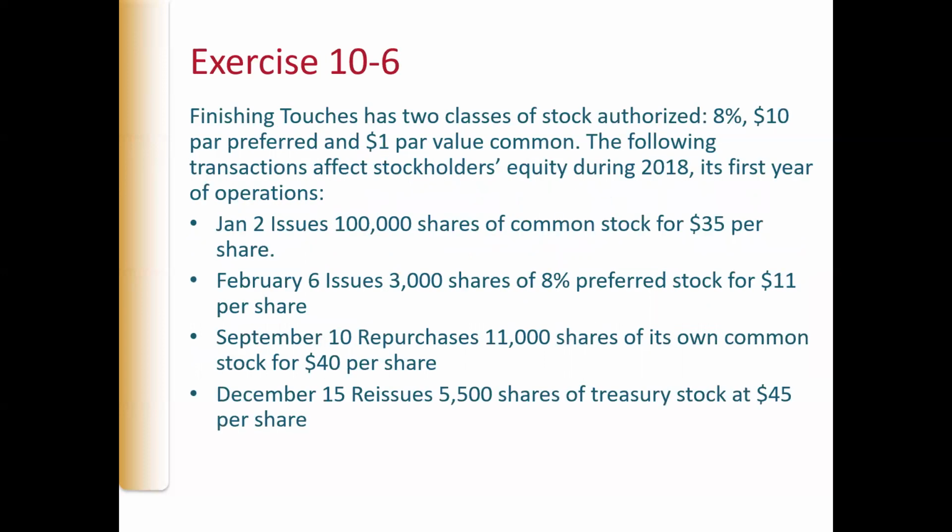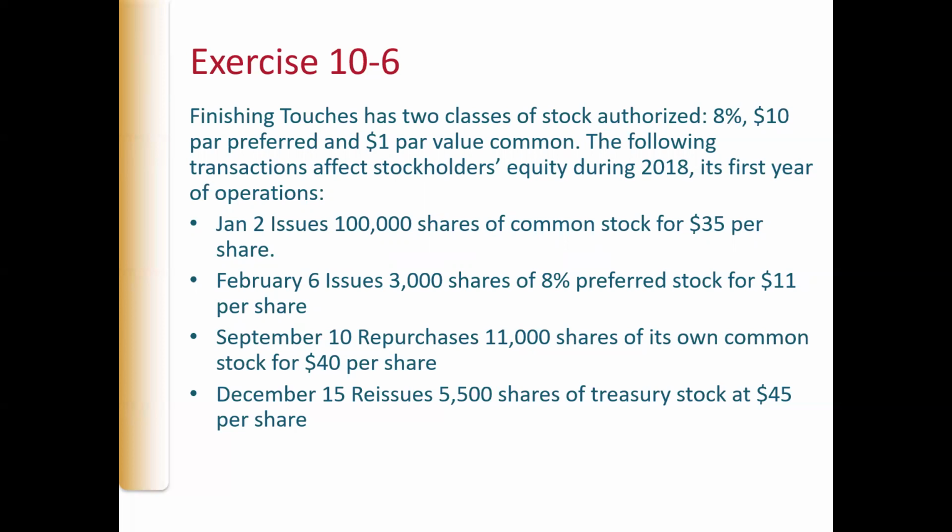Okay, guys, we've got an exercise here. Finishing Touches has 2 classes of stock authorized: 8%, $10 par preferred, and $1 par value common. The following transactions affect stockholders' equity during 2018, its first year of operations. On January 2nd, we issue 100,000 shares of common stock for 35 bucks a share.